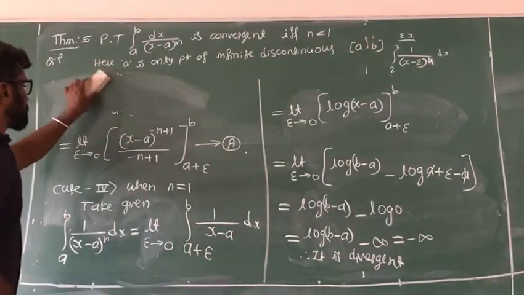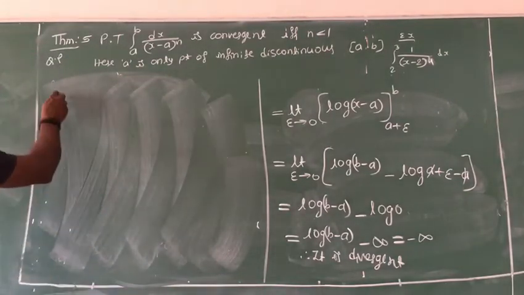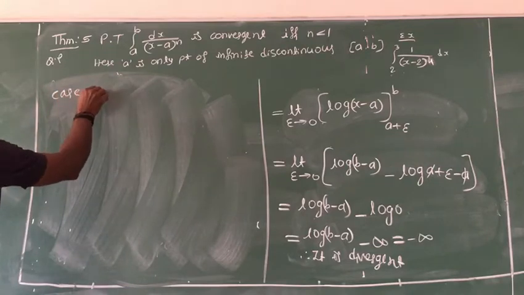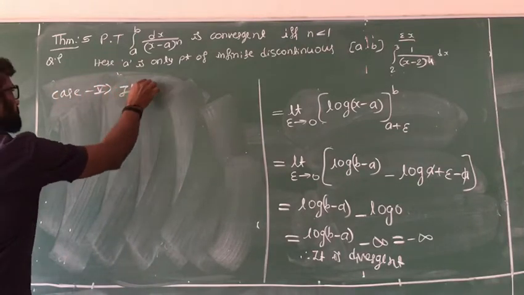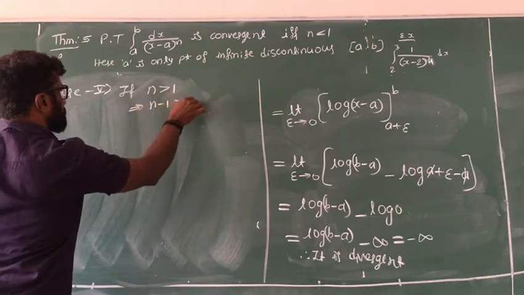Next, n is greater than 1. Case 5. If n is greater than 1, this implies n minus 1 is greater than 0.